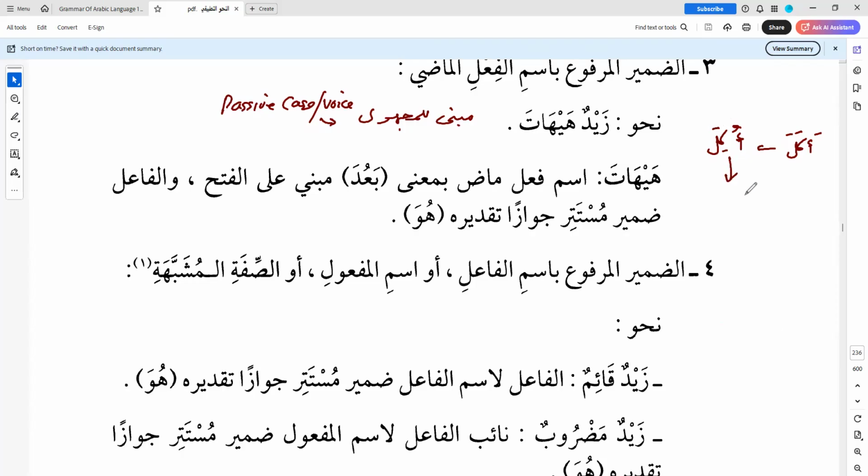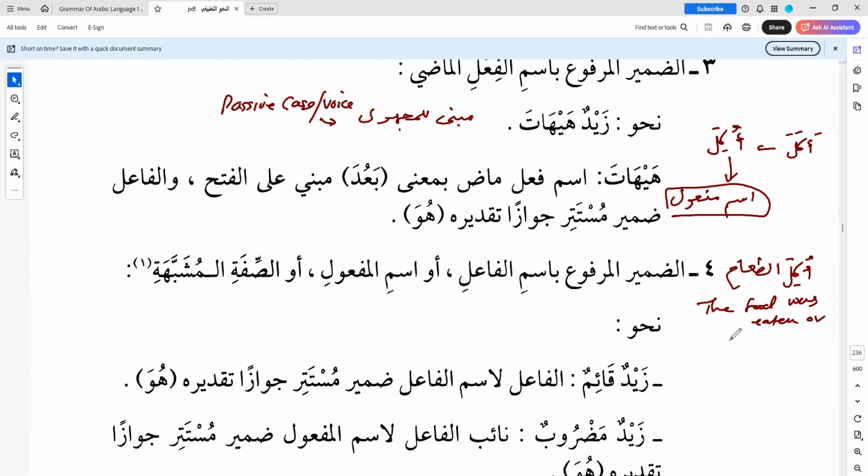It is from this that we derive اسم مفعول. So for instance, if I say أكل الطعام, the food, either the food was eaten or it means the food has been eaten. So this is a passive voice. This is a past passive. The food was eaten is past passive voice, and the food has been eaten is past participle, right?